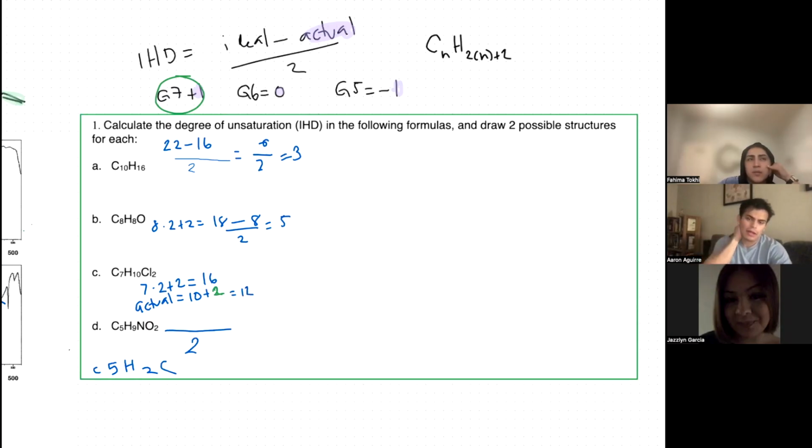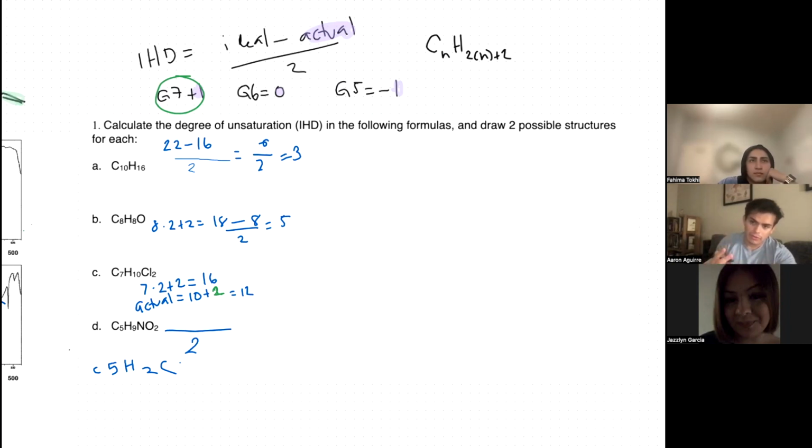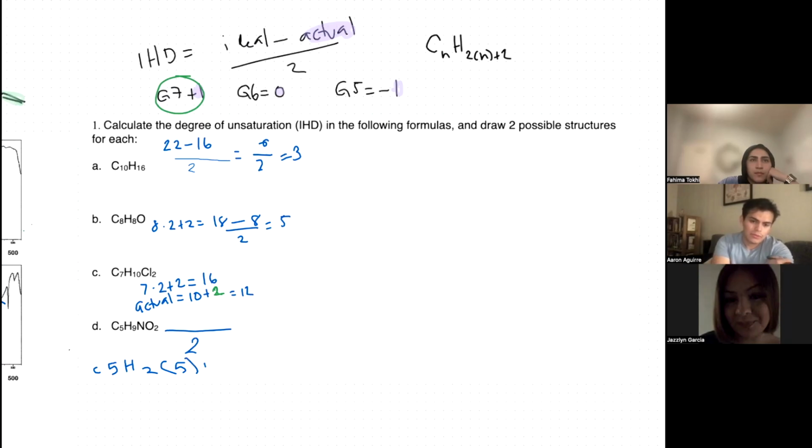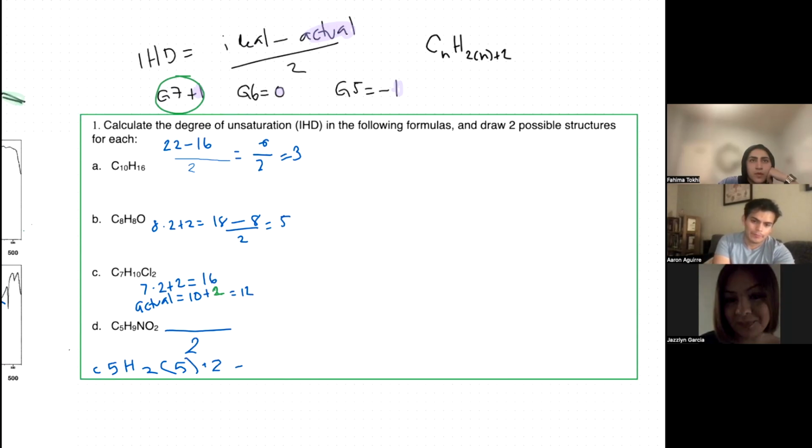N is the carbon. The formula for an alkane is CnH2n+2. So if you want to figure out how many hydrogens there would be ideally, saturated, you multiply your carbon number by 2 and add 2. For that one, you would just take 5 times 2 plus 2. 12. That's your ideal.